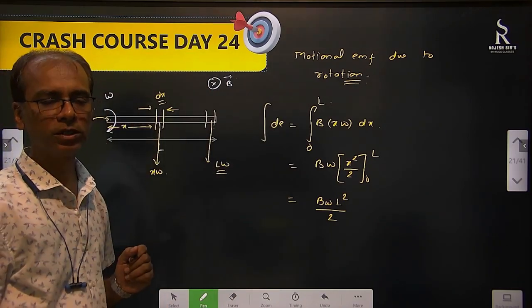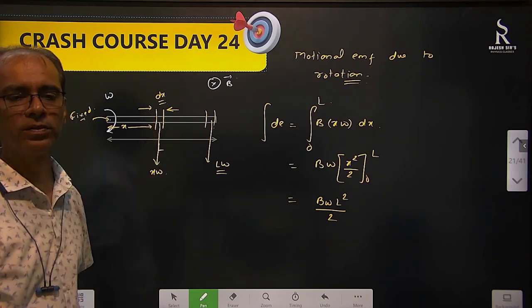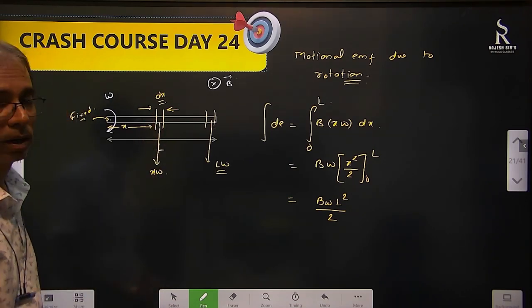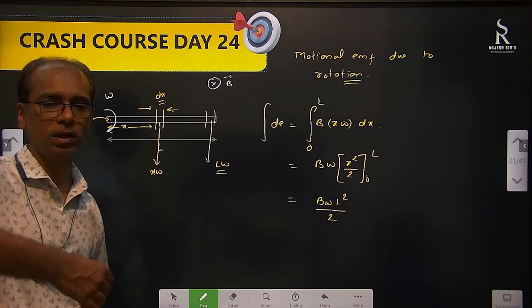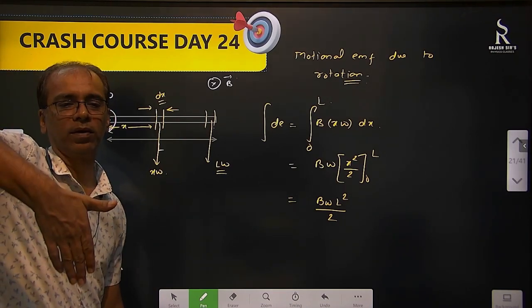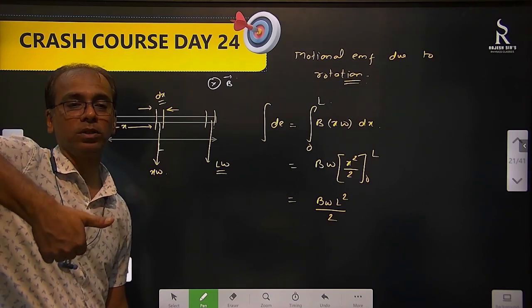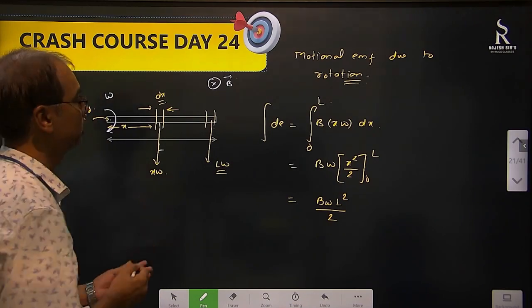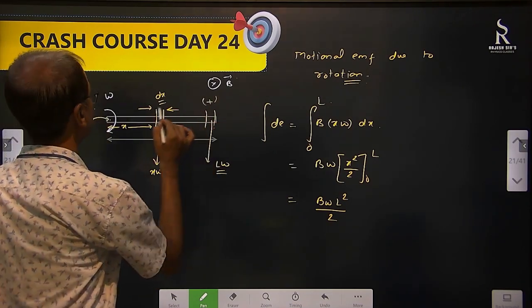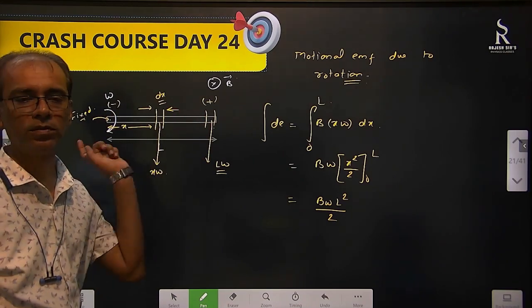Which end is positive, which end is negative? Again, very simple. In this one, the velocity of the charge is downwards and the magnetic field is inside. Where is the positive end? This end is positive and this end is negative.